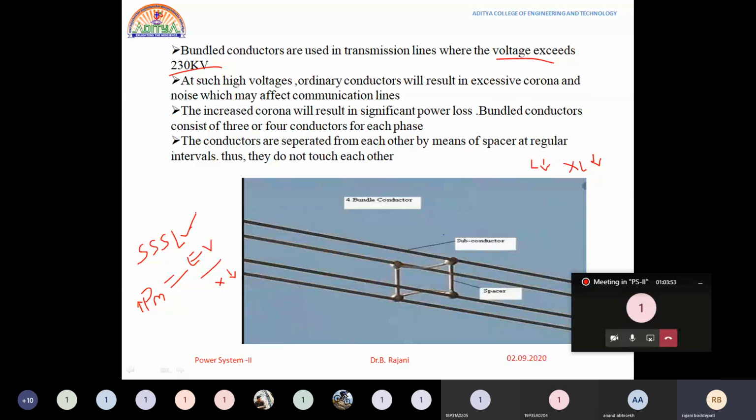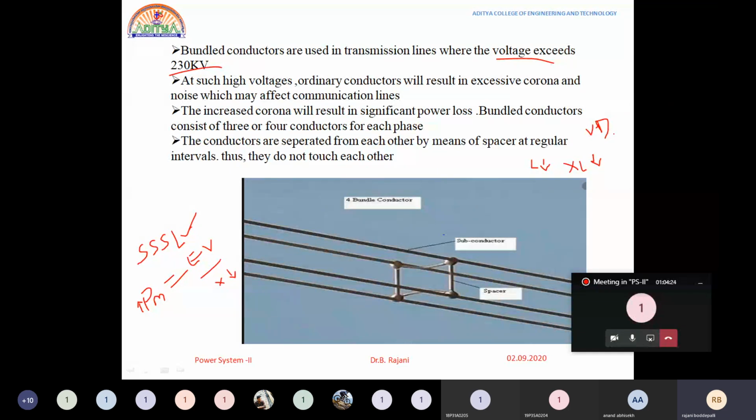So if L decreases, XL also decreases, then the voltage drop will also decrease. So voltage regulation will be improved. What is voltage regulation? Voltage under no load minus full load, divided by full load, that gives the voltage drop. This all leads to the efficiency of the transmission line, and the characteristic impedance of the transmission line would also decrease.